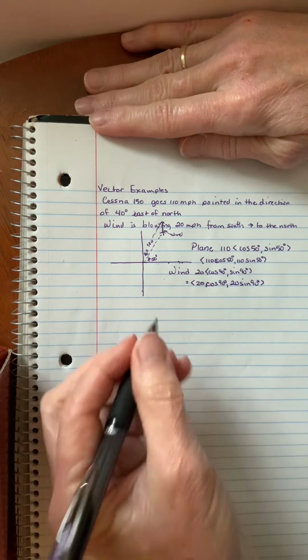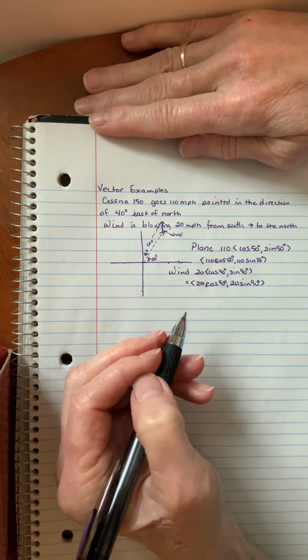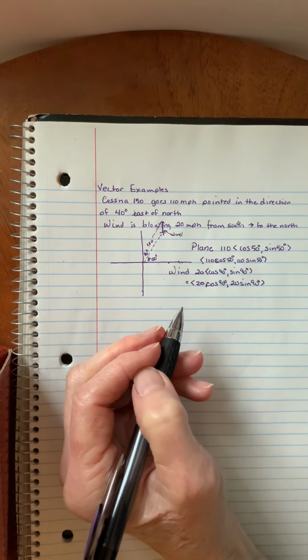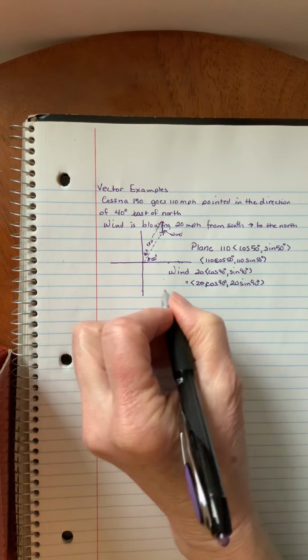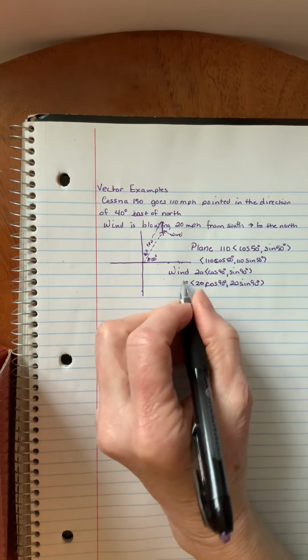All right, so let's take these two and add them together, because when you're up in the sky, the wind does determine a lot about the plane. So let's combine our forces. So let's take the plane vector plus the wind vector.